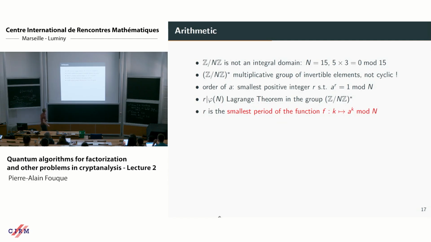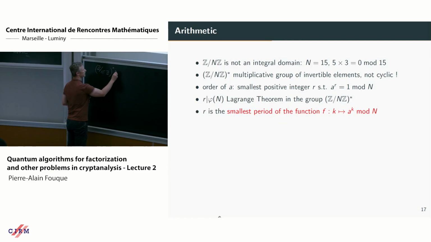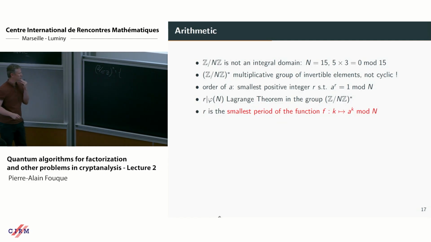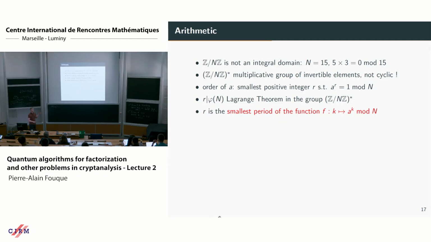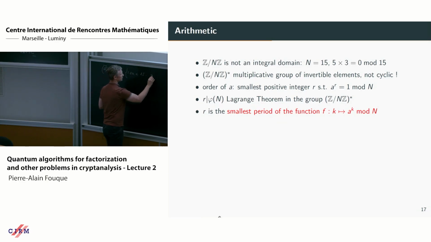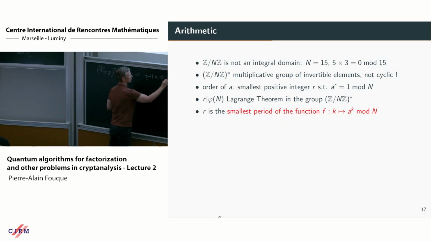For instance, for (Z over 15Z)*, it contains all elements x between 1 and 15 such that the GCD of x and 15 is equal to 1.